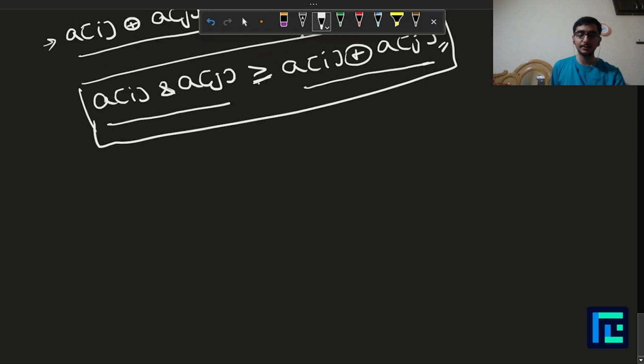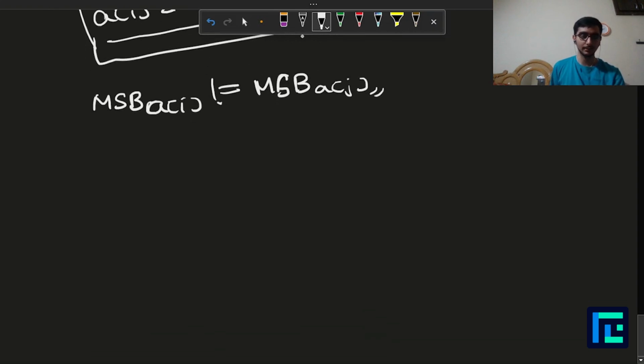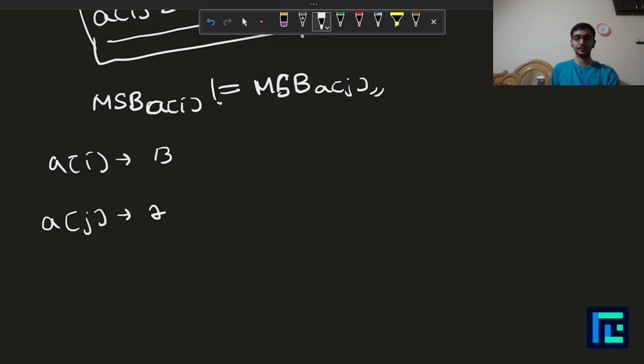But let's take a condition where the position of the MSB of A of i is not equal to the position of the maximal set bit of A of j. Then what happens? Let's check. Let's say A of i was 13. Let's keep that the same. And A of j was 7. Right.